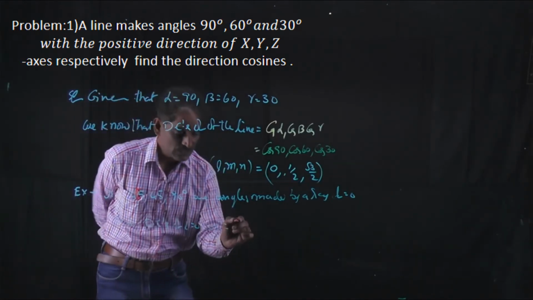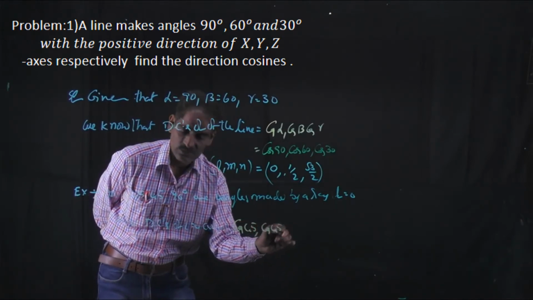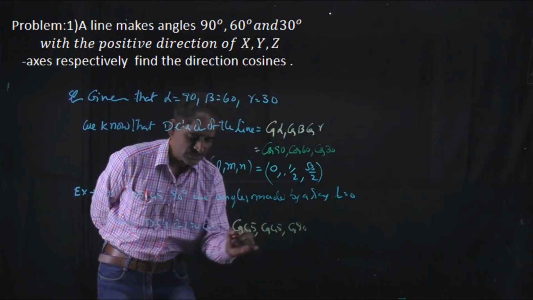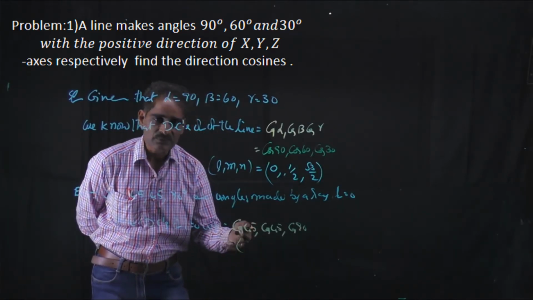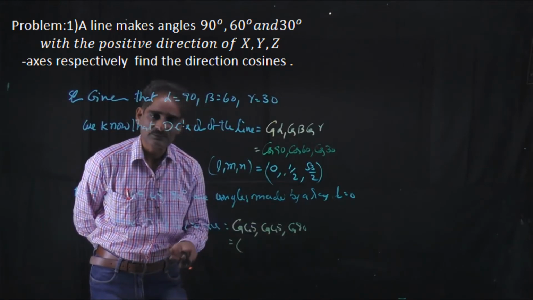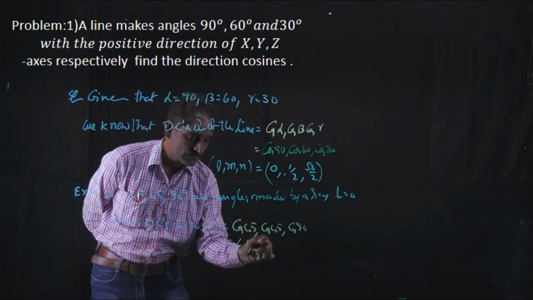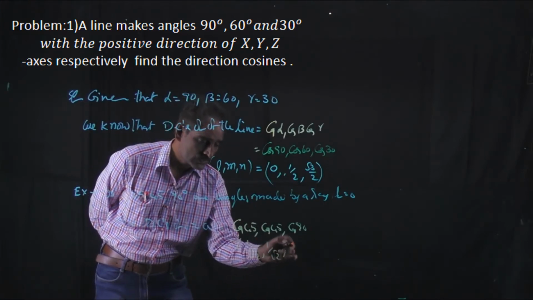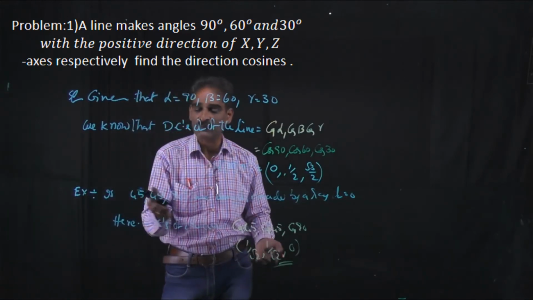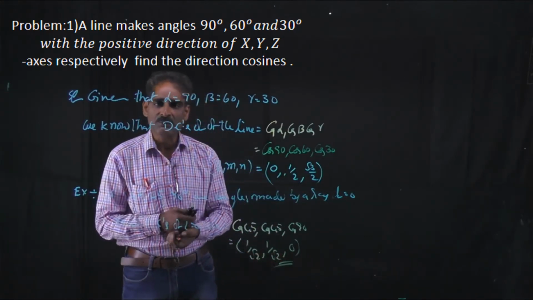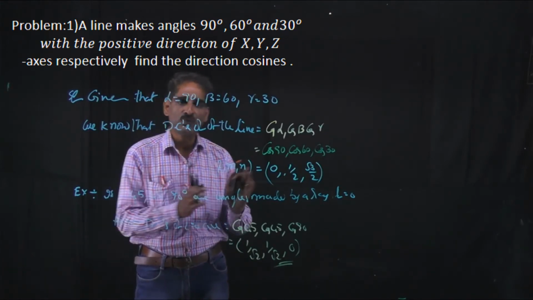Therefore, cos 45, cos 45, cos 90. Just these are three real numbers. That's it. They represent here DCs: 1 by root 2, 1 by root 2, 0. These are the DCs of the line in case of 45, 45 and 90 being the angles made by the line with x-axis, y-axis, z-axis. Okay, this is the way how to find the DCs.